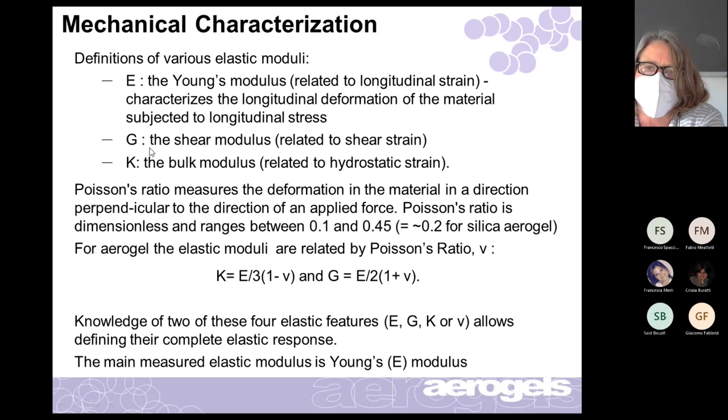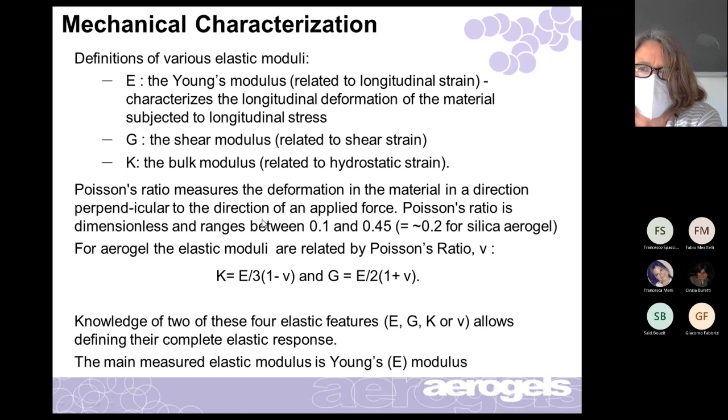The other ones I'm not really going to talk much about, but you could talk about the shear modulus, which is related to shear strain, the other direction, and the bulk modulus. Poisson's ratio measures the deformation in a material in a direction perpendicular to the direction of a force.